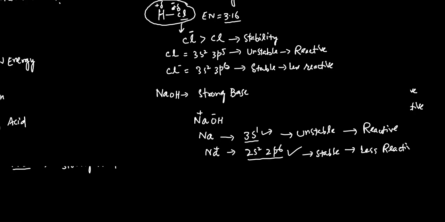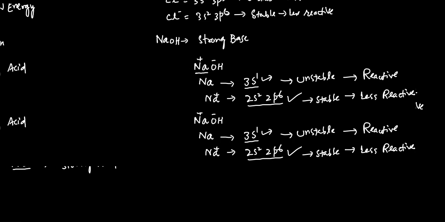But what is the problem with sodium hydroxide then, when sodium is already in the plus one oxidation state here? The one more important thing that we need to know is that sodium is always kept immersed in oil, in mineral oil. And why?